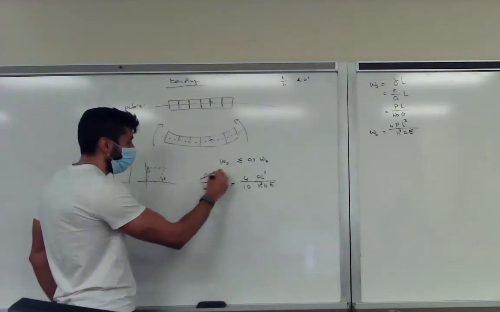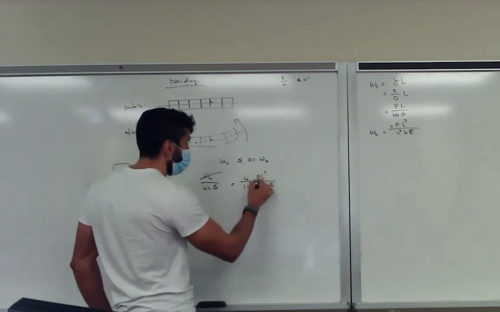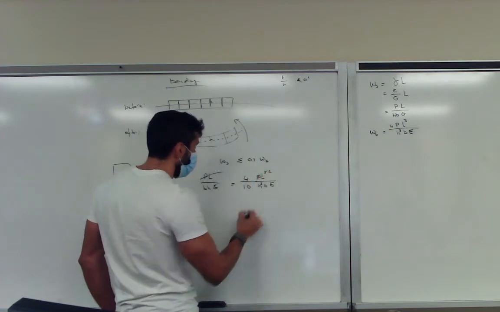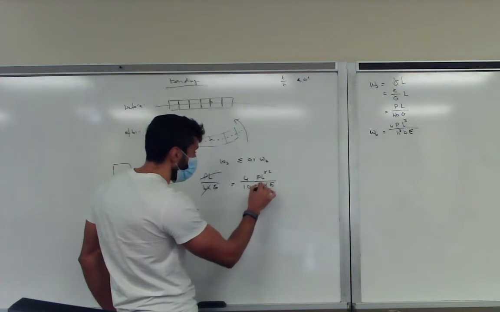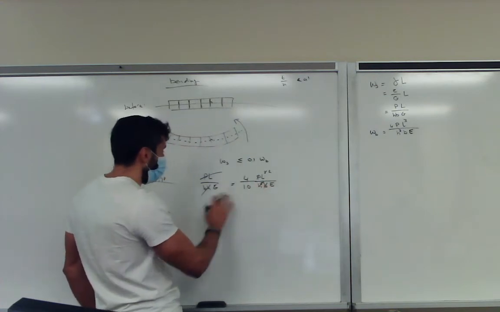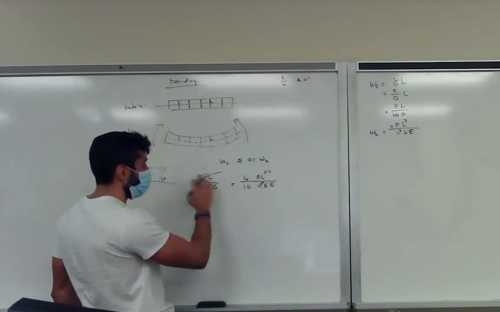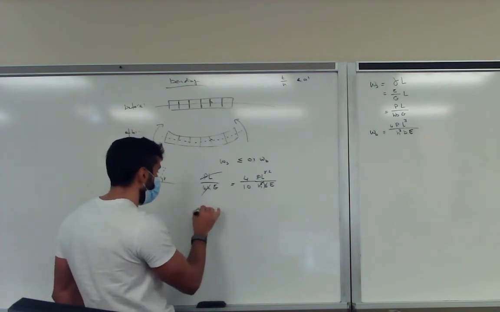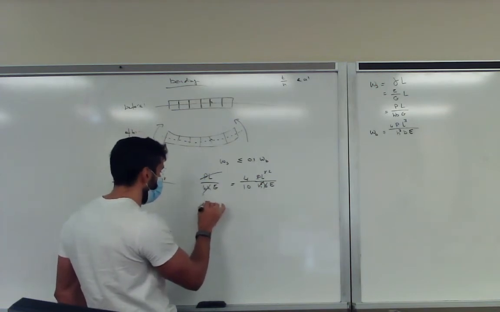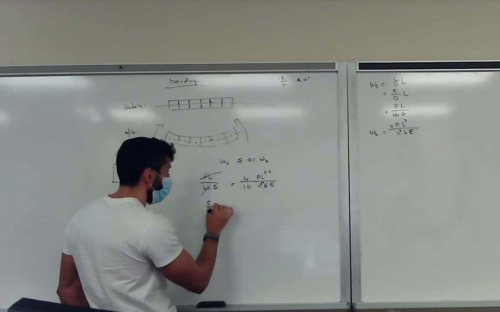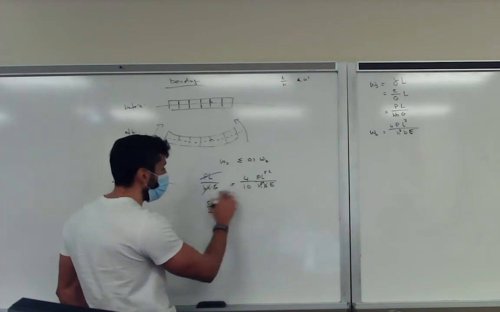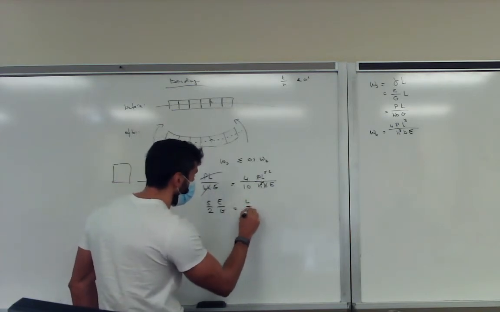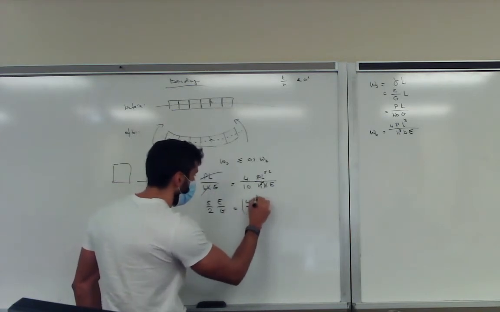We can get rid of P on both sides. L on this side, L becomes squared. We can get rid of BH. This B disappears and H becomes squared. And then we get 4 over 10 on this side, so 2.5, so 5 over 2, multiplied by E over G. And on this side what we have is L over H squared.